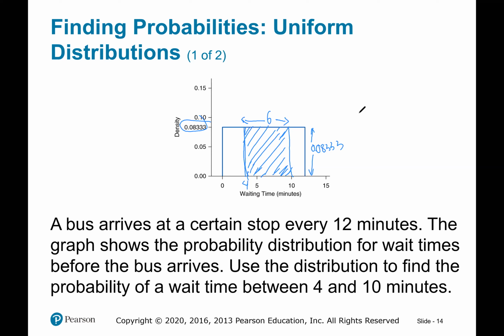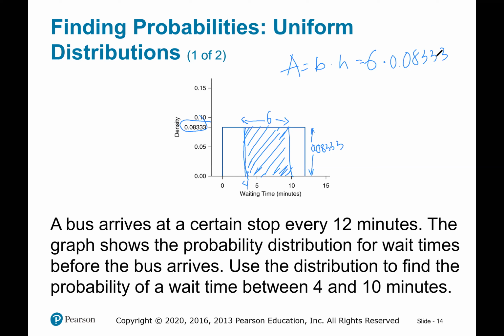If you want to find the area of a rectangle where you have the two sides, the area should equal base times height, or side by side. The base here is 6 and the height here is 0.08333.